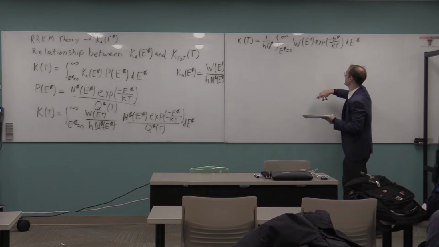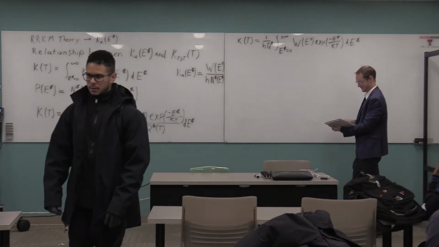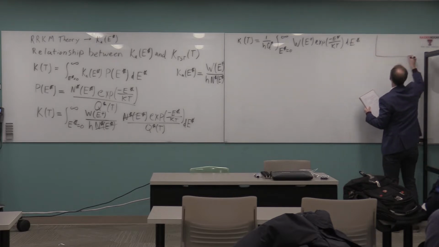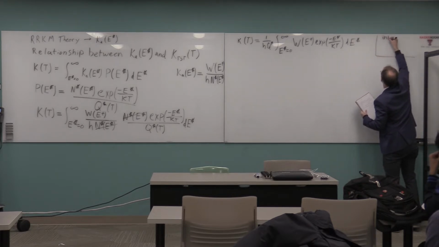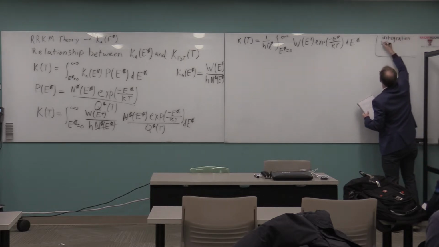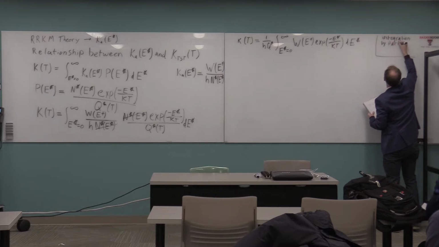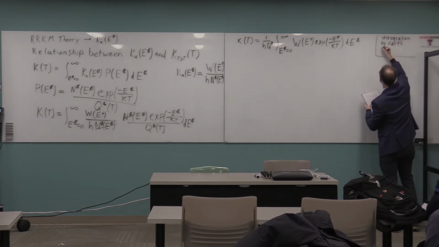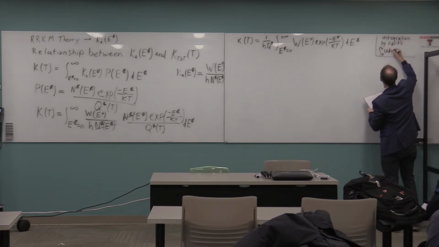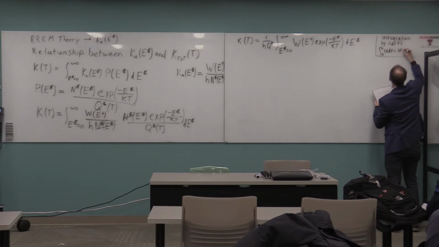And basically, integration by parts, recall the formula says if you have the integral of u dv, that's equal to u times v evaluated at the limits of integration minus integral of v du.